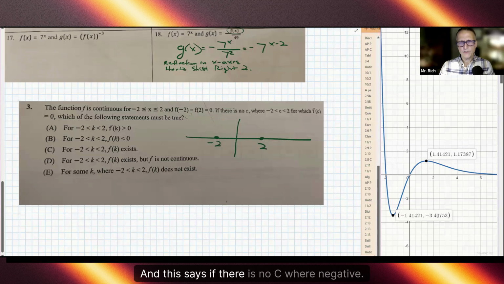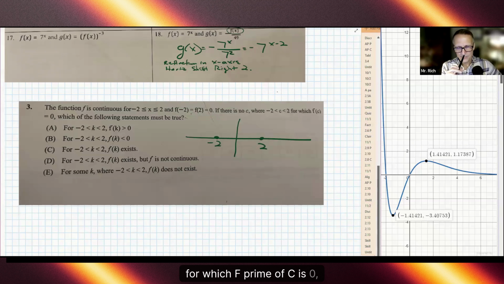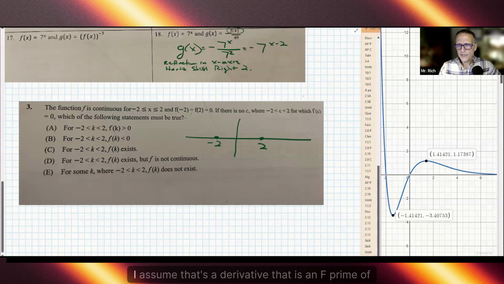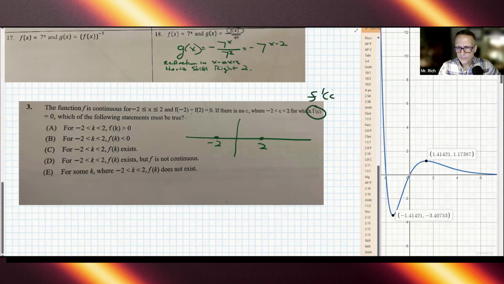And this says if there is no c where c is between -2 and 2, so they're talking about an x value that's in between -2 and 2, for which f prime of c is 0. Which of the following statements must be true? I assume that's a derivative. That is an f prime of c.